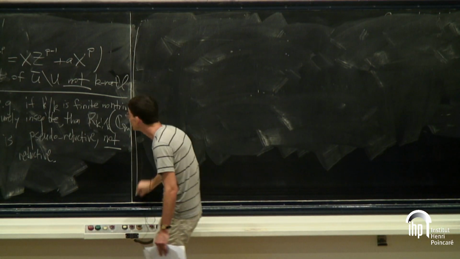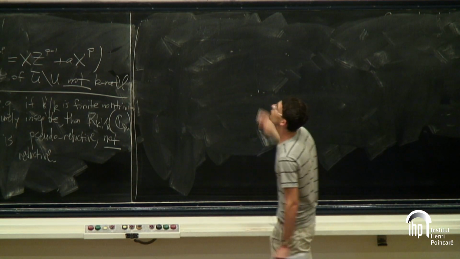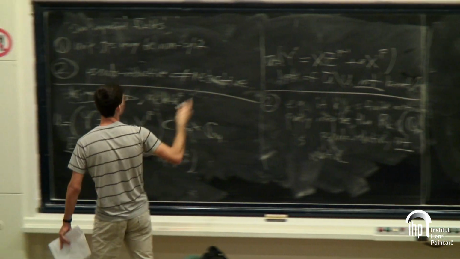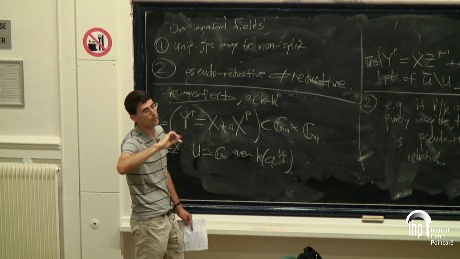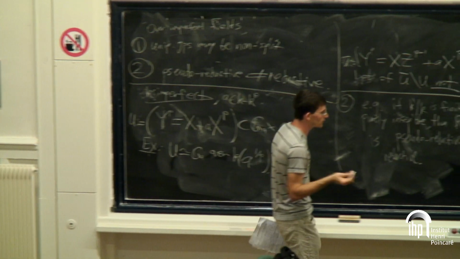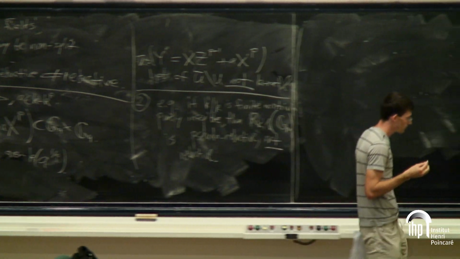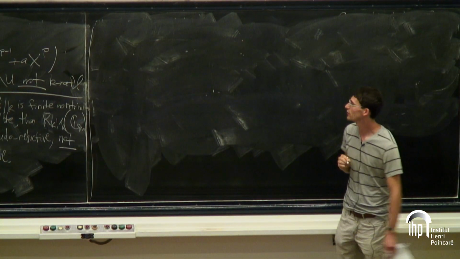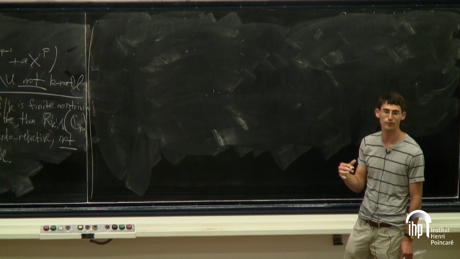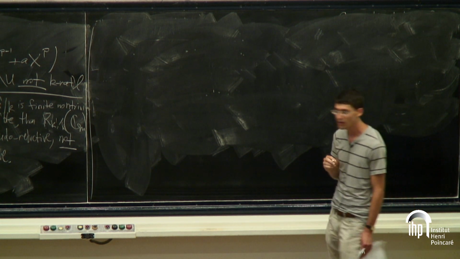So the point is that the move from the Sansuc reductive case, which still works over function fields, Sansuc's proof still works over function fields if you assume G is reductive. But the move from the reductive case to the general case is much more difficult in the function field setting. This is one of the very few cases where function fields are actually harder than number fields. Usually it's the reverse.